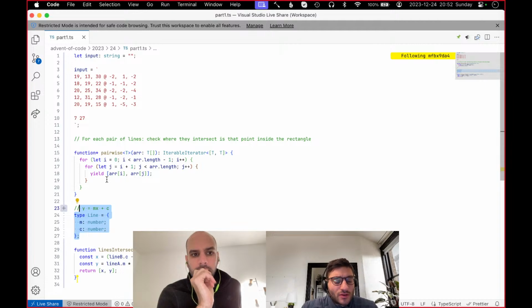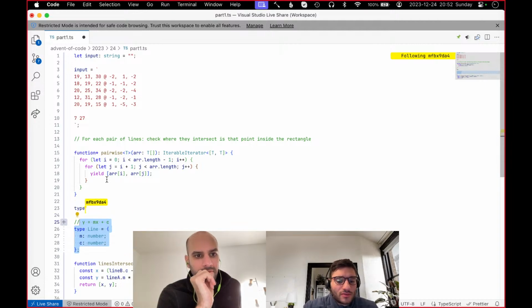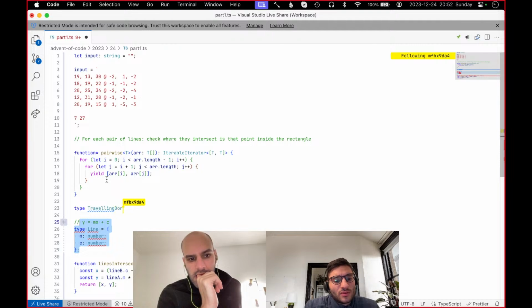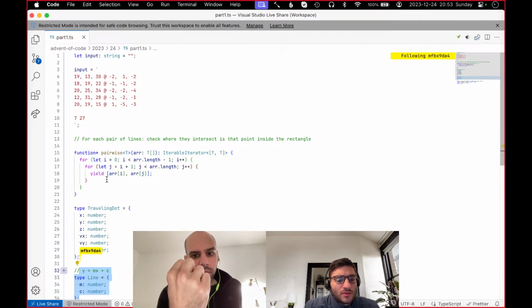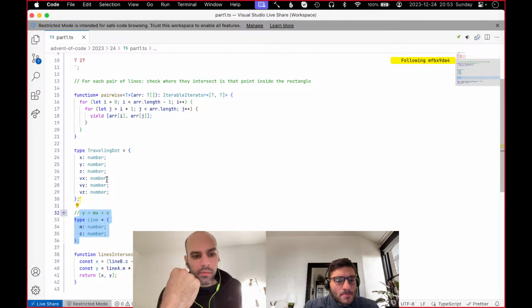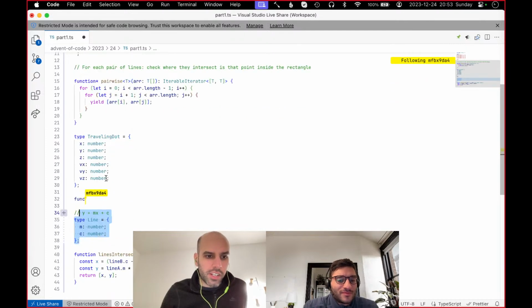Well, what we have now is something which looks like a traveling dot, let's say, which has got, yeah, something like that. Now that would be awfully convenient if we had an equation to find intersection given a representation in these terms.